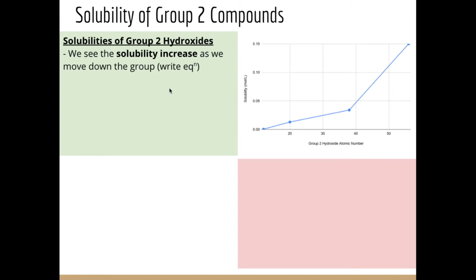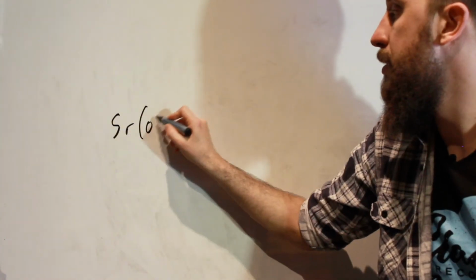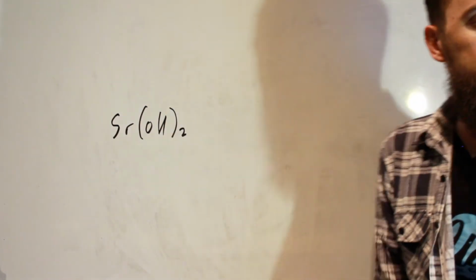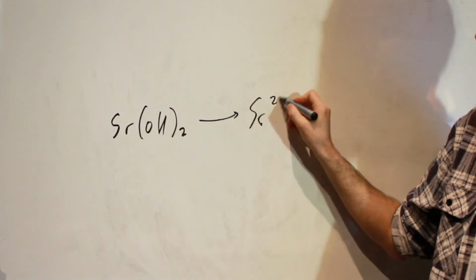Let's talk about solubility. So if we have our hydroxides, let's do an example such as strontium hydroxide. We just did that one, so that would be a good one to start off with. So when we talk about solubility, we're talking about dissociating the ionic compound into the respective ions.